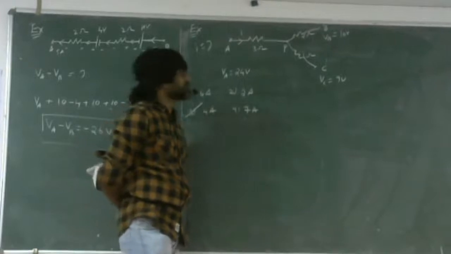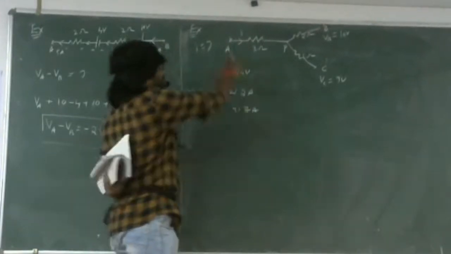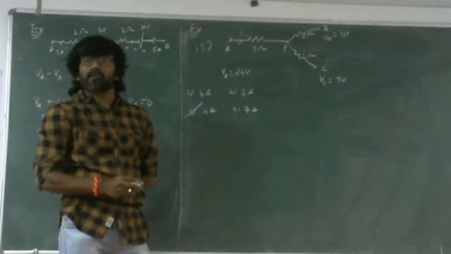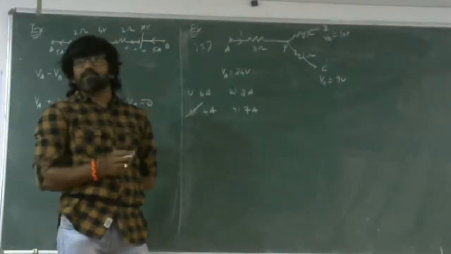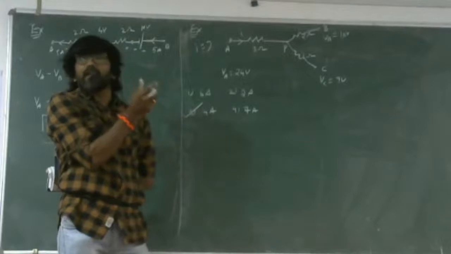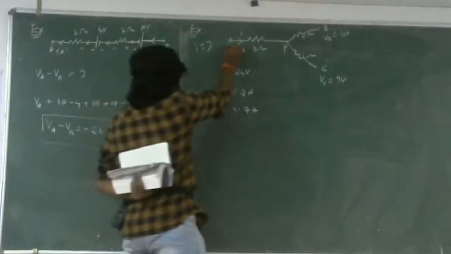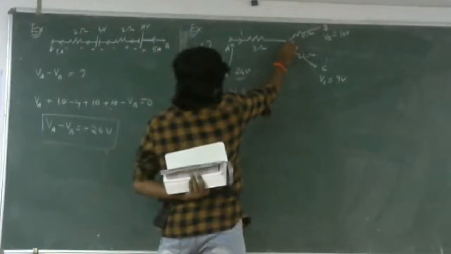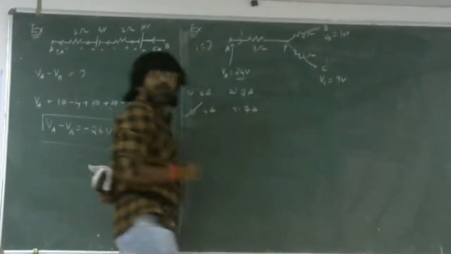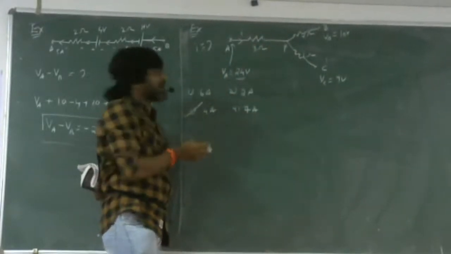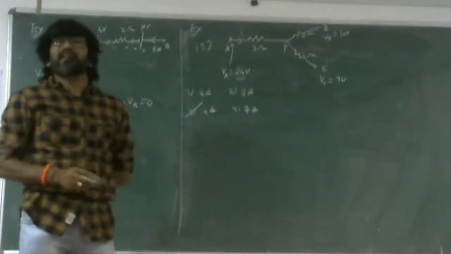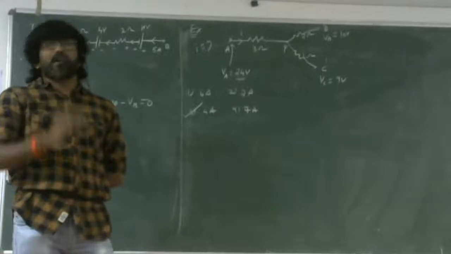Okay, listen. To find the current from Ohm's law, you can say I is equal to delta V by R, the potential difference across the resistor by R. This potential at this point is given as 24 volts. If you know this, then you can find I is equal to delta V by R. But you don't know this potential. So here you can apply Kirchhoff's current law.